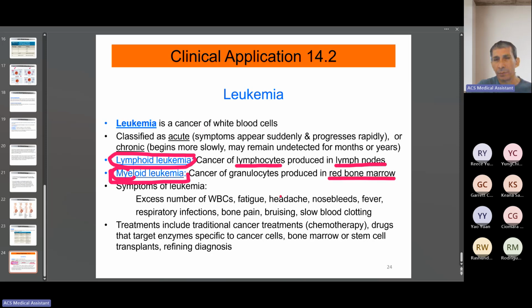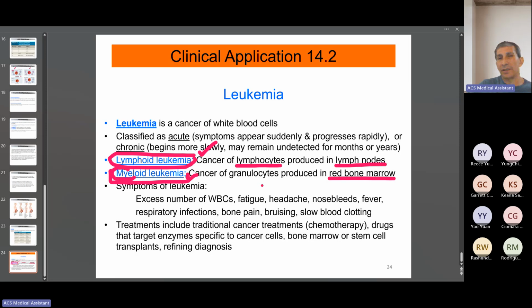So damage to the bone marrow cells can cause leukemia, make the red bone marrow produce too many white blood cells. But in a person who is an adult, the other one, this person was born with lymphoid leukemia because it appears when you're a child.